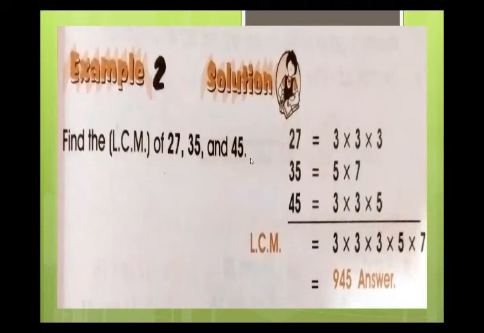In your book, they say that for the row 27 you pick the group 3 into 3 into 3, and from 35 you pick the number 5, and from 45 you see that 3 is also a pair here because of this product, and 5 is also a pair because of this product. Then 7 is the only remaining one, so you put 7 as it is.